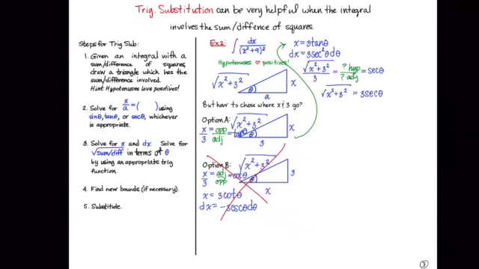We just have an x squared plus 3 squared in the denominator. So let's go ahead and just square both sides of this equation. And so that means x squared plus 3 squared is equal to 3 squared secant squared theta.